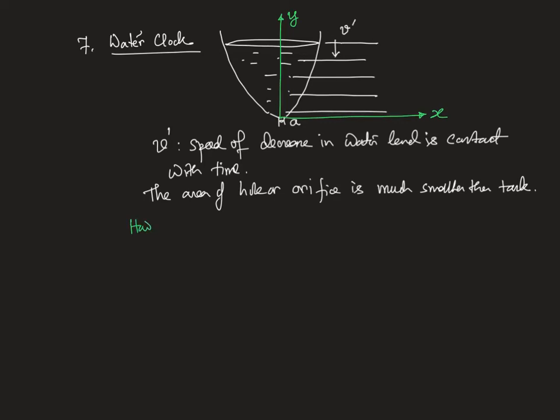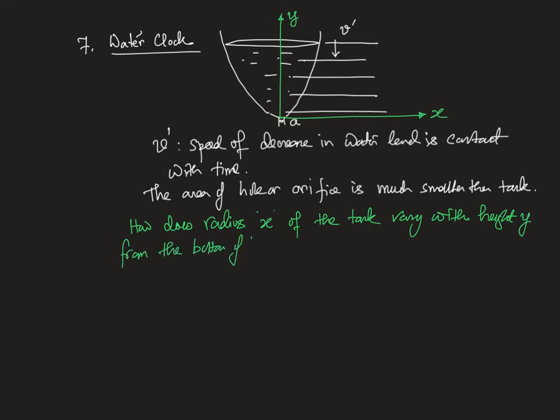Now how does the radius, radius will be x, right? Radius x of the tank vary with height. Height is y from the hole or from the bottom of the tank in the water clock.